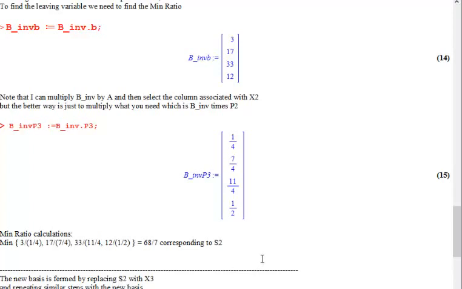Again, the same thing. I'm going to save this that has all my calculations, and I will be using a copy of this document to do my next step. So let me go back and do that. Just remember that X3 is going to replace S2 in this document.